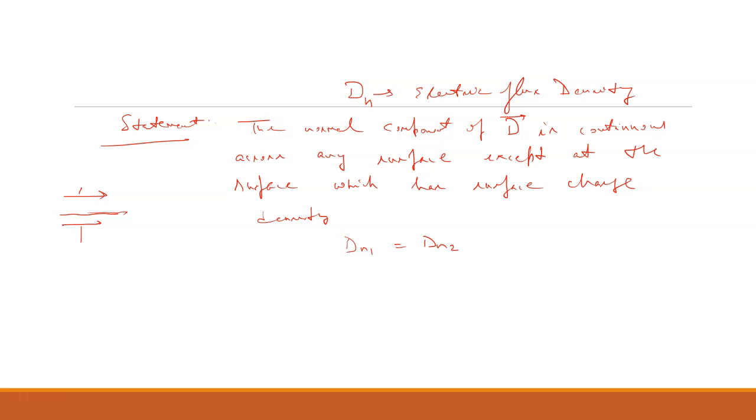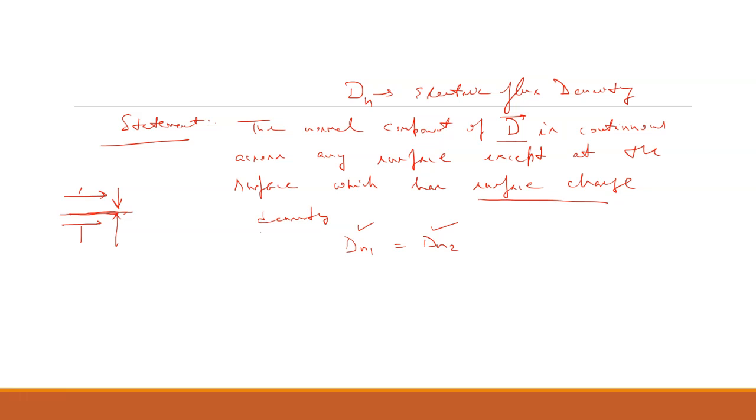If there are components which are normal, perpendicular to this boundary, it is known as the normal component. The normal component of D is continuous, that is, the component along one side is equal to the component along the other side, except at a surface which has a surface charge density.